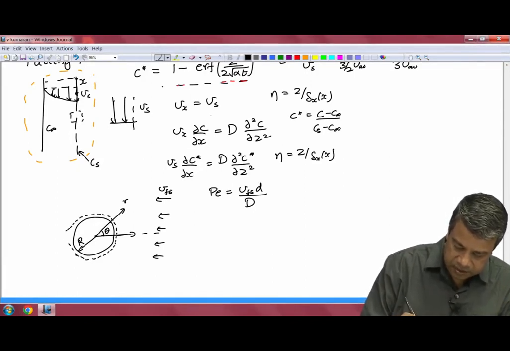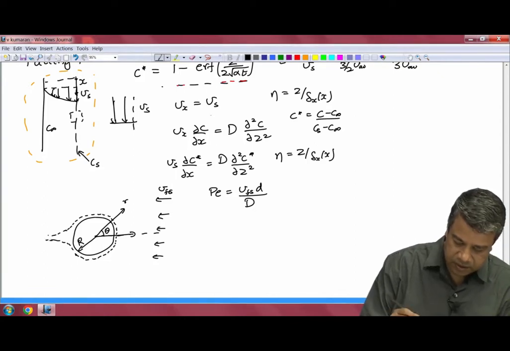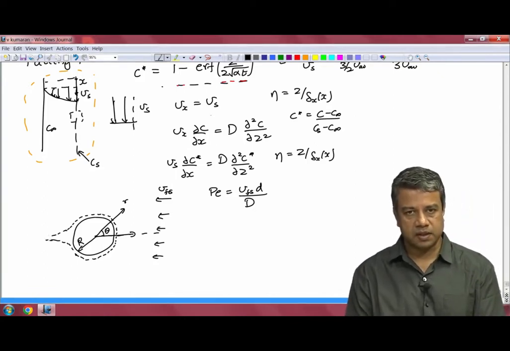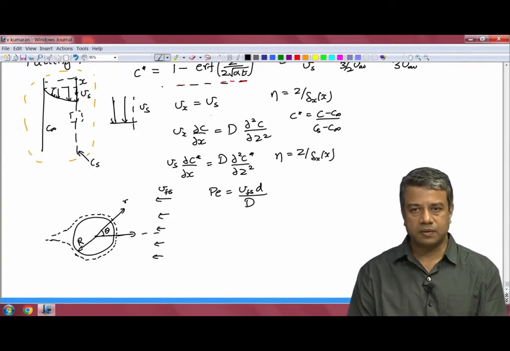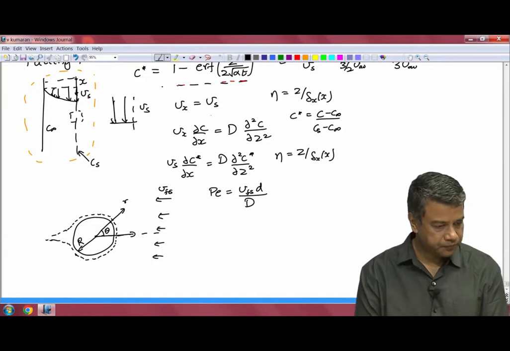And as we shall see in this case as well, there is going to be a wake in the downstream stagnation point. At the upstream stagnation point, we would expect the boundary layer thickness to be finite.